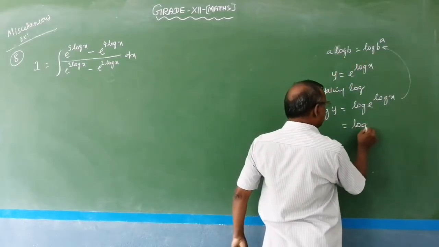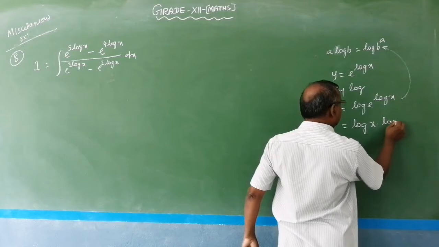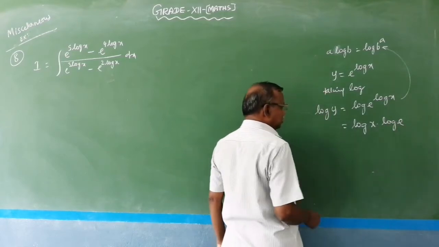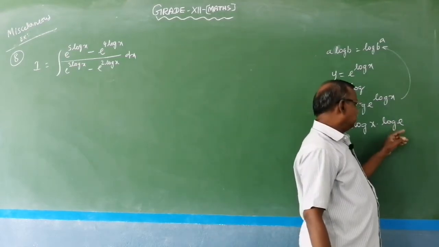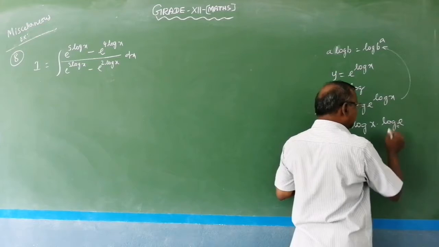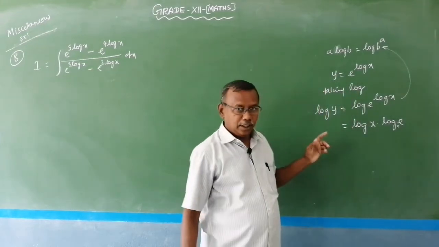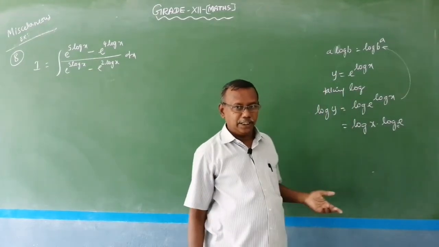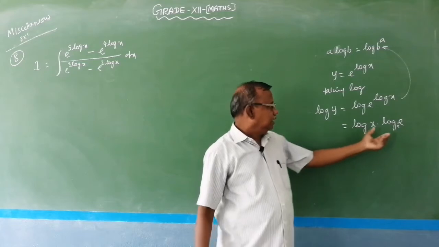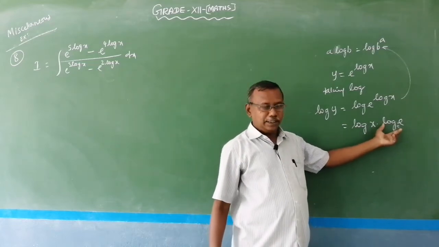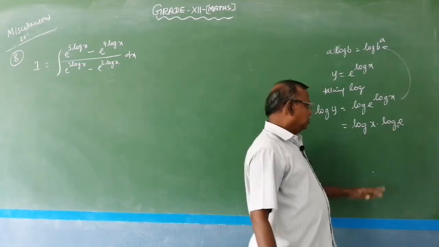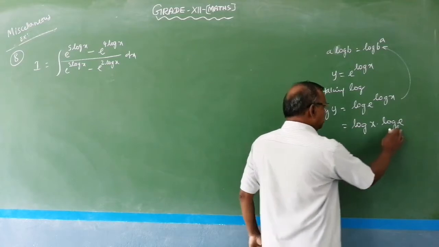Accordingly, it is log x into log e. We know that log e value is 1 because the base and the value are same. Generally, we are using natural logarithm, not the common logarithm. We have studied common logarithm up to 10th standard, but here we need to know about natural logarithm whose base is e. So, accordingly log e value is 1.